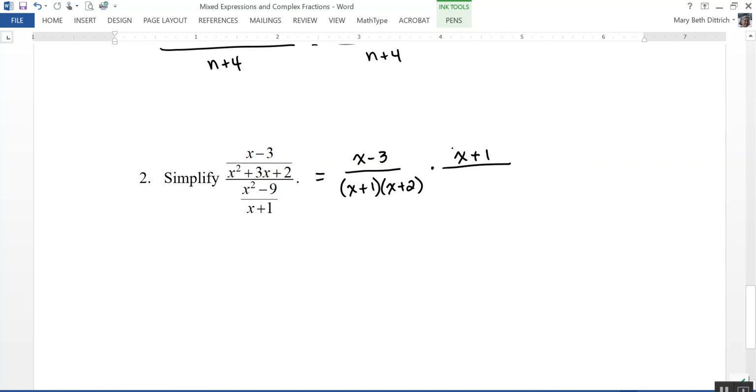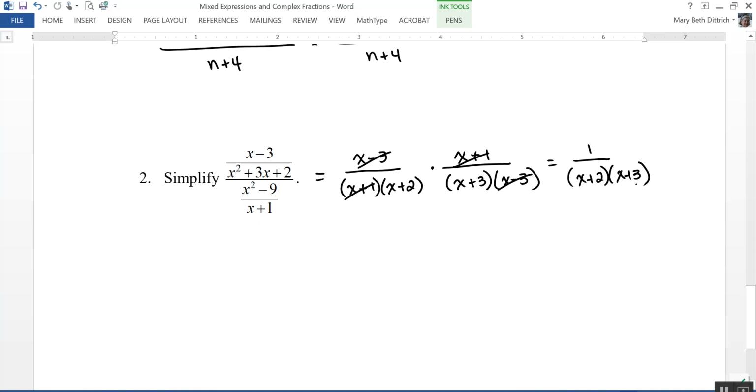So the denominator becomes a numerator, and I will factor this x plus 3 times x minus 3. And now I can cancel out common factors. And on the top, it looks like I have nothing, but I actually have a 1 up there, times x plus 2 times x plus 3.